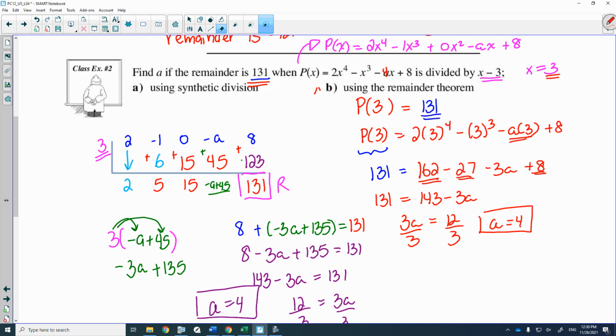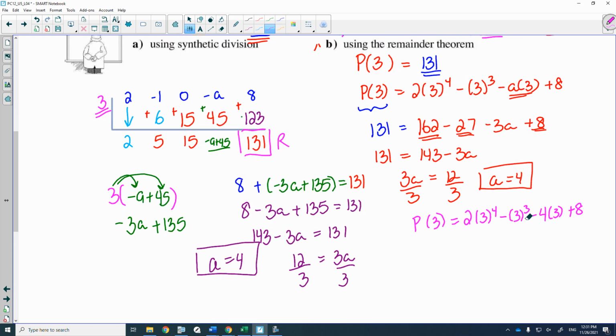If I type in the root of the binomial, so the binomial, remember, the root of the binomial was 3. So if I type in p of 3, and I'm going to now, again, input a 3 every time I see the x, I would have 2 times 3 to the 4 minus 3 to the 3 minus 4, x is 3 plus 8.